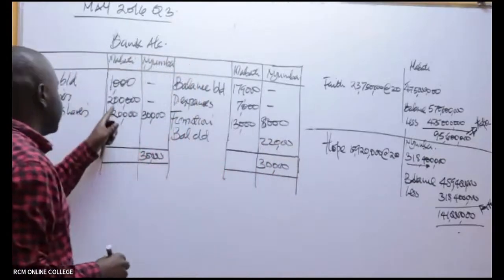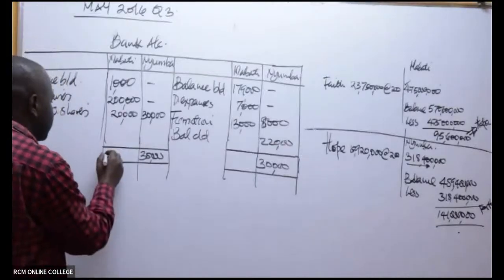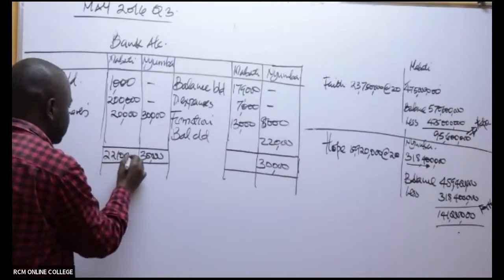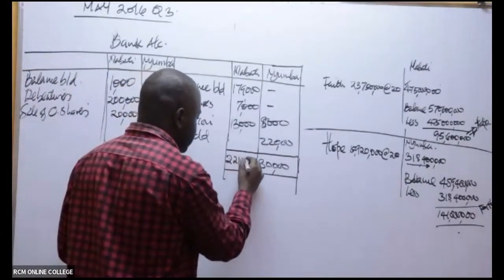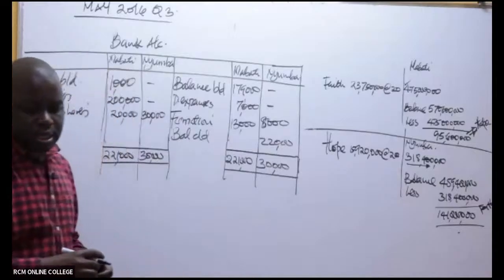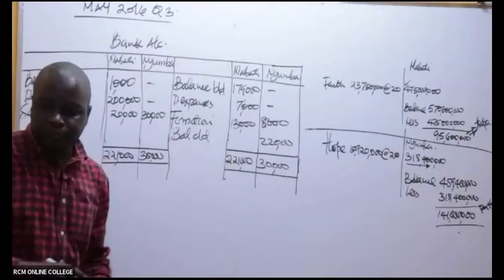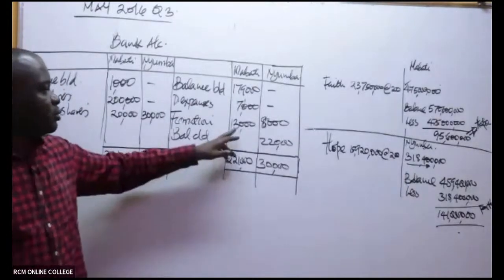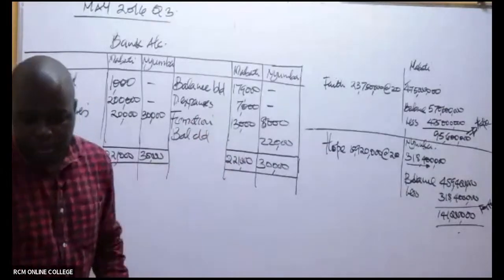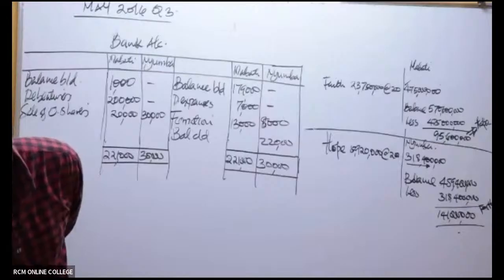And the total here is actually, is it 221? 221 million. Then in this case, you get the difference. What is the difference when you minus 221 million minus these ones? You get the balance carried down.